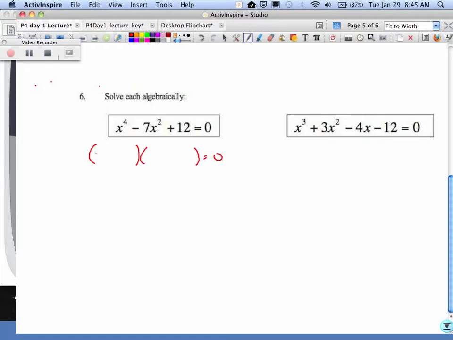Which one has a chance of getting me to 7? 3 and 4. So when that leading coefficient's 1, makes your life a little easier. So if I put a 3 in here and a 4 in here, because this is positive, I know it's a double sign. So it's either positive, positive, or negative, negative. What does it have to be so that we add up to -7? Negative, negative.